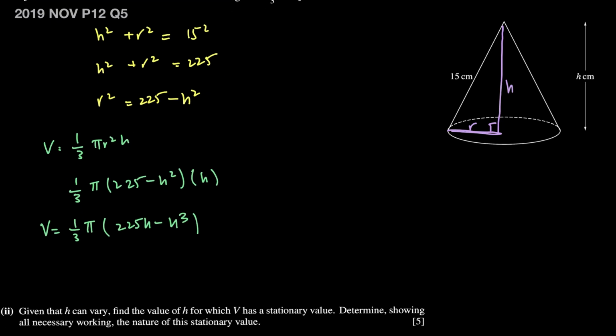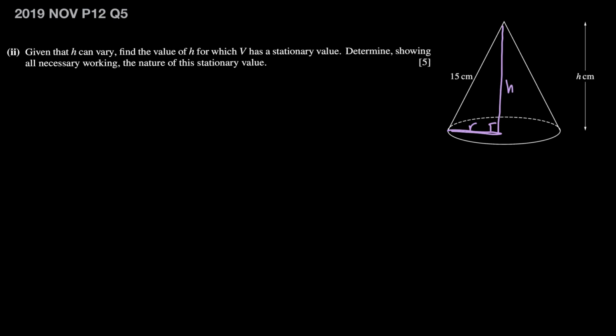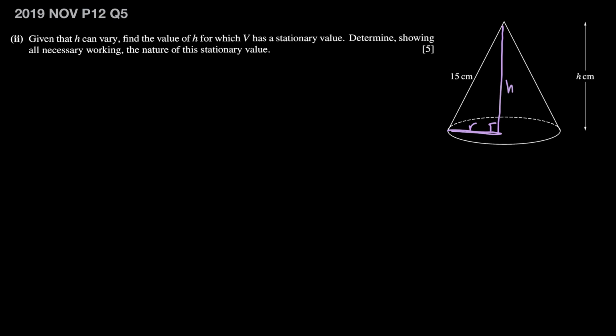Now part 2 of this question says, given that h can vary, find the value of h for which V has a stationary value. Determine, showing all necessary working, the nature of the stationary value. So now we already know that the volume is 1/3 π times (225h − h³).